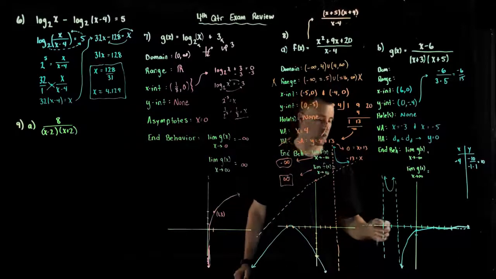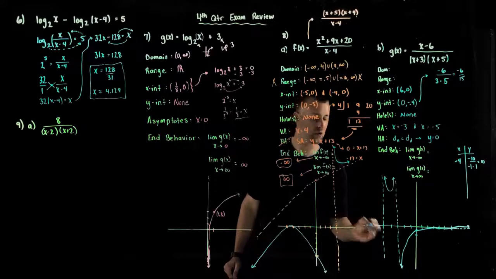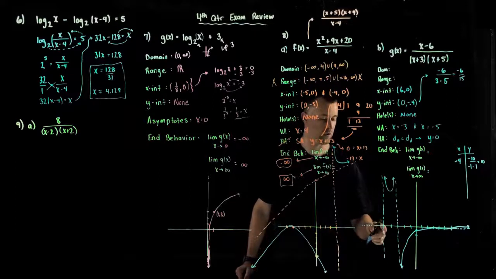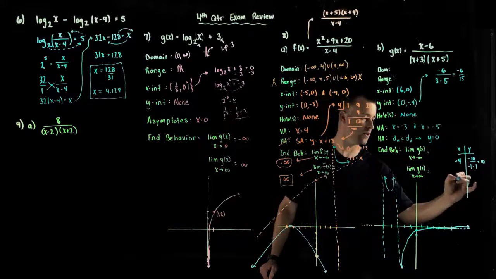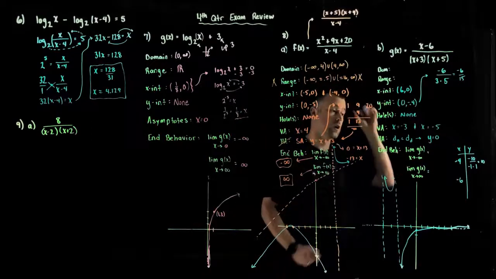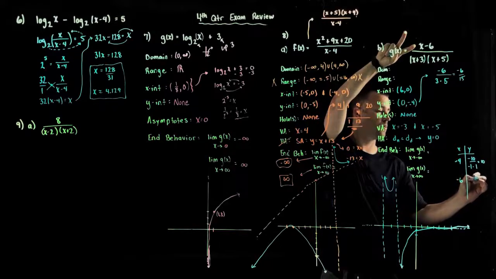Now I'm going to pick a point to the left of my vertical asymptote out here to see if my graph is either going up or down. I don't know which one right now. So I'm going to go 1, 2, 3, 4, 5, negative 6. I'm going to plug that in, and again, I'm just looking to see if I get a positive or a negative number. So if I plug in negative 6, that is negative 6 minus 6, so negative 12.